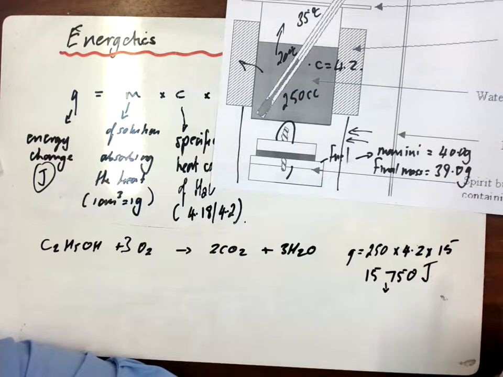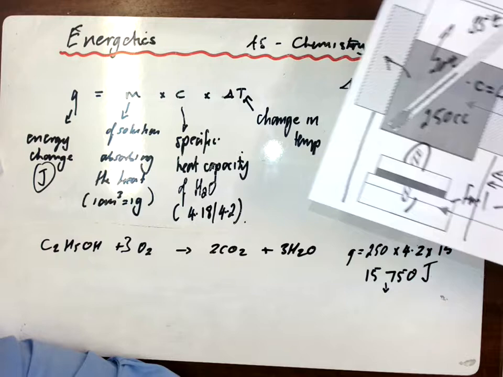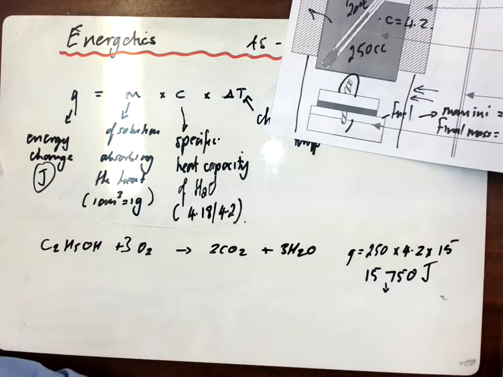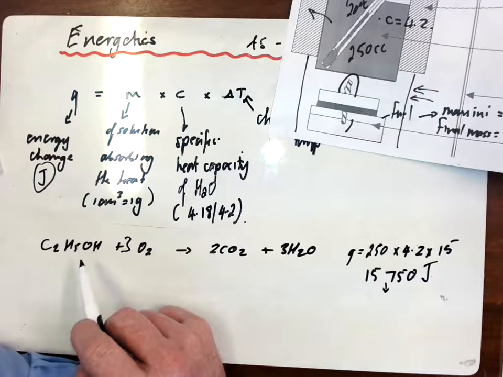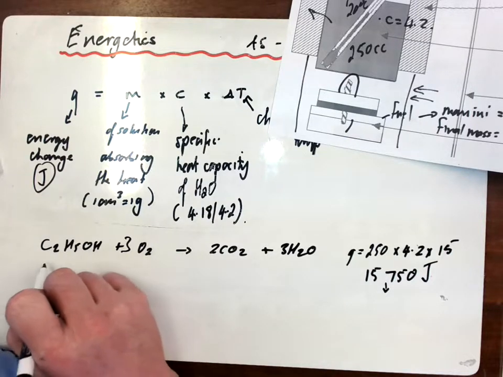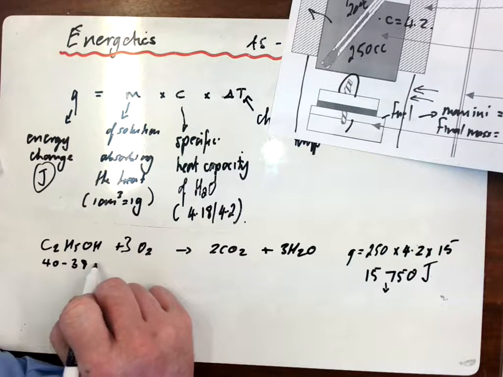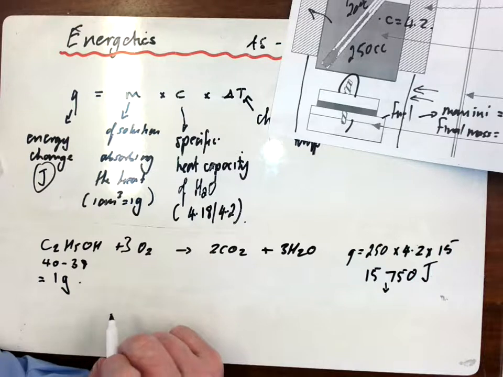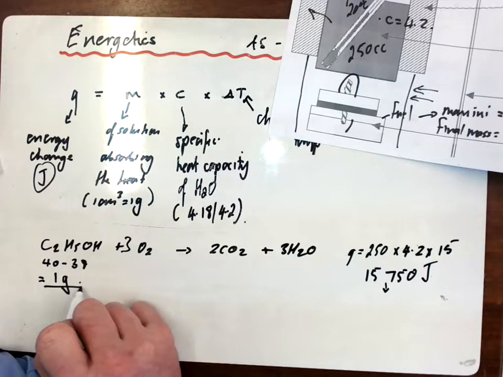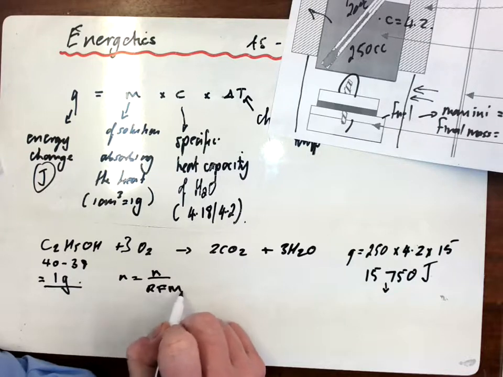So we're being asked to calculate the enthalpy of combustion. And if we remember that, that's when you burn 1 mole of something. Okay, so how do we know how many moles of ethanol are responsible for burning here? Well, we had 40 grams to begin with, and we had 39 grams at the end. So the heat given off here is from 1 gram of ethanol. So we can turn that into moles by doing mass over the relative formula mass.